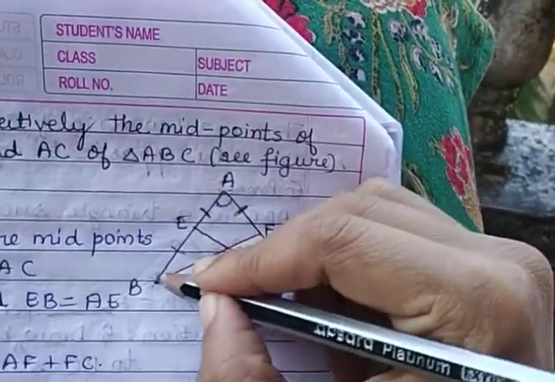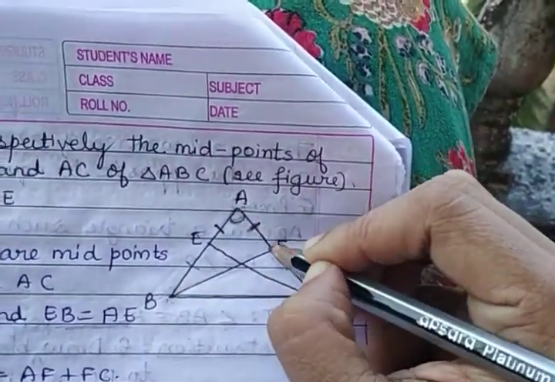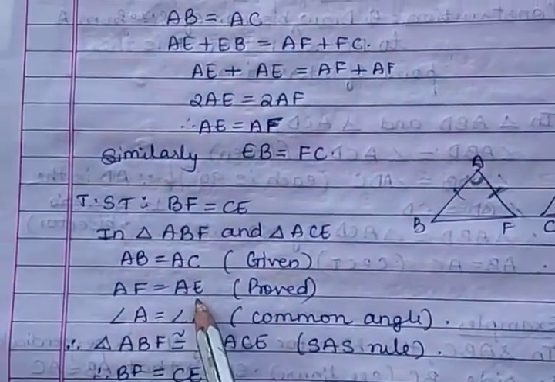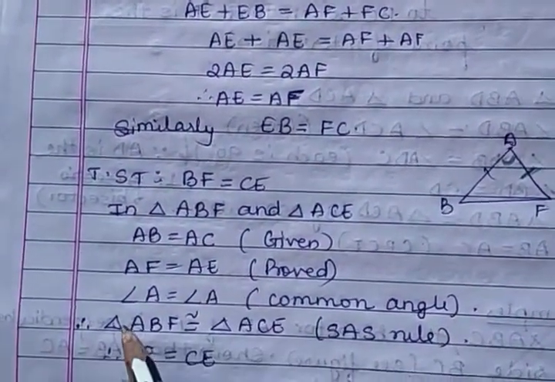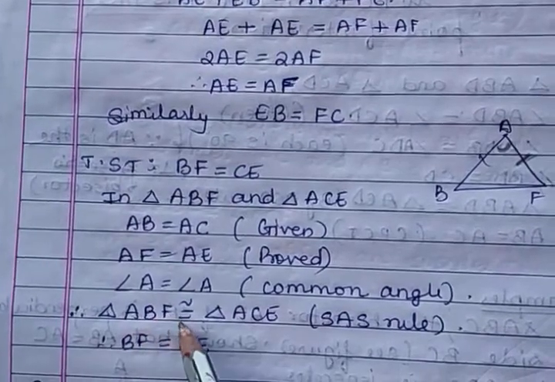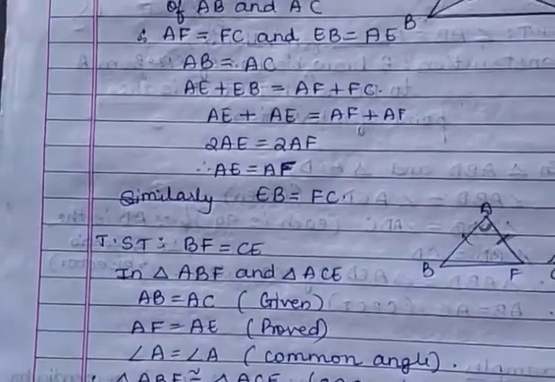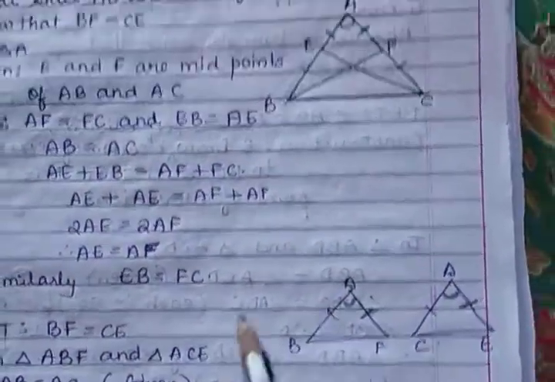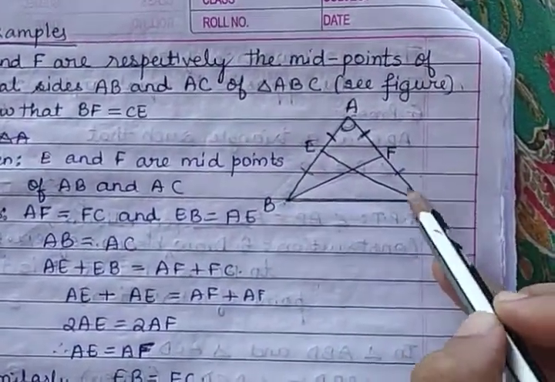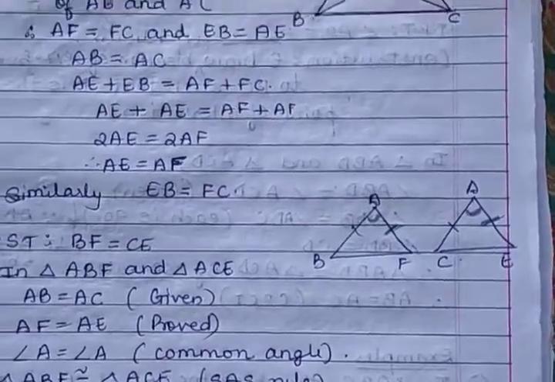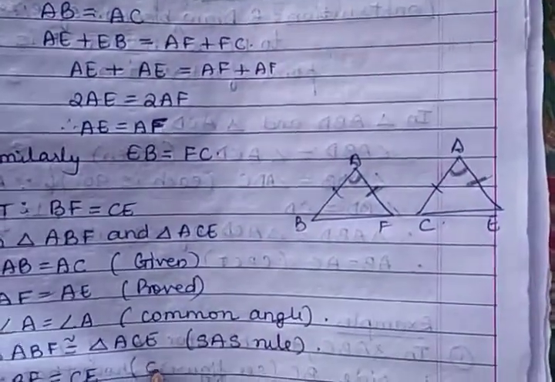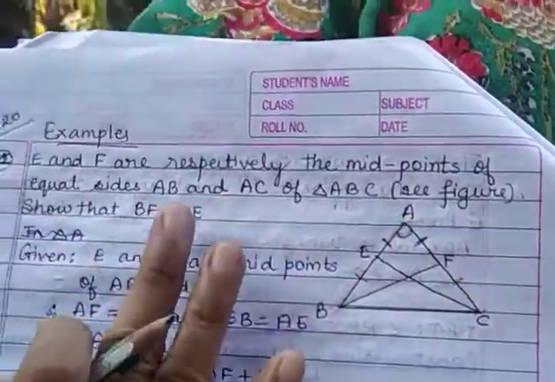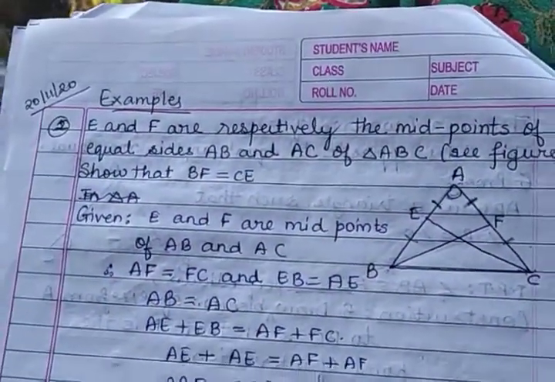So you have side, angle, side, three conditions. So I can say that triangle ABF is congruent to triangle ACE by SAS rule. From this we can say BF is equal to CE by CPCT. So this is how we find three conditions based on whatever information is given to us.